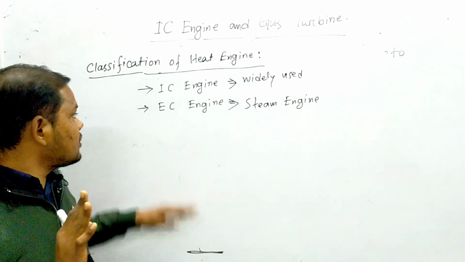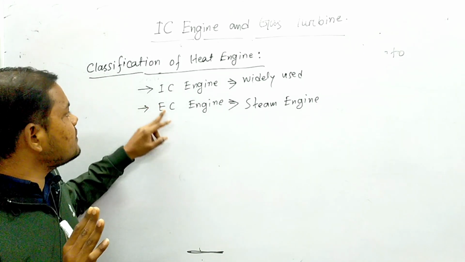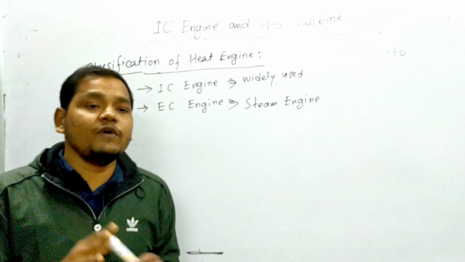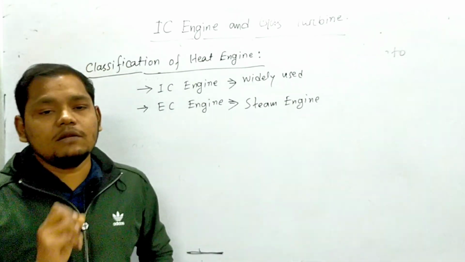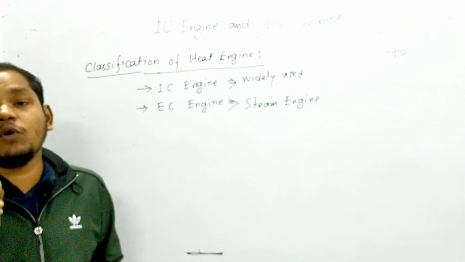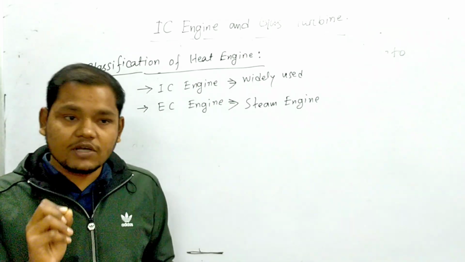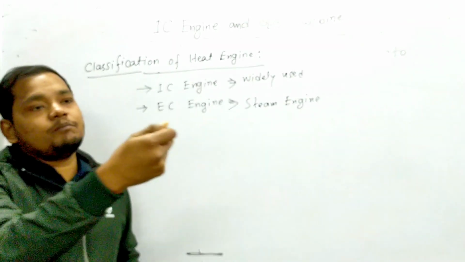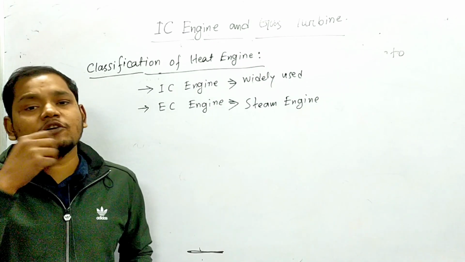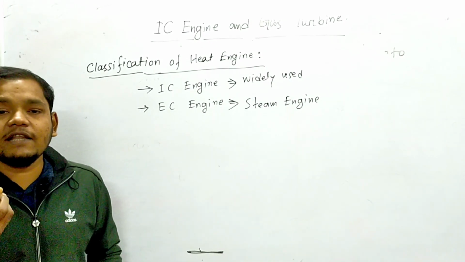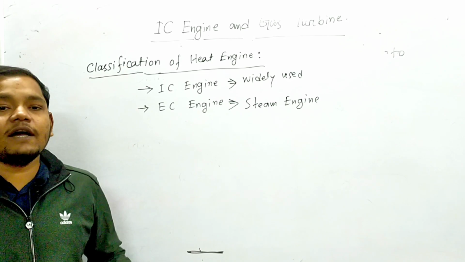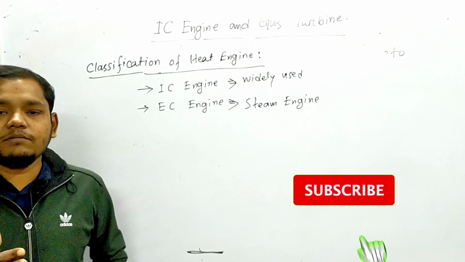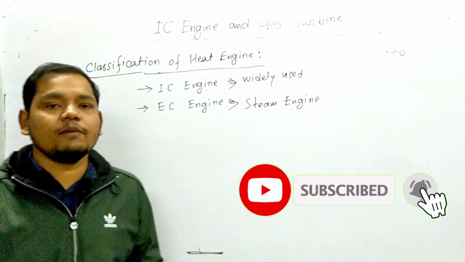Compared to this EC engine, IC engine is comparatively very simple. That's why IC engine is widely used nowadays. Okay, IC engine, internal combustion engine. You can find it in a bike. If you incorporate a bike with an EC engine, then the bike will be like a train, or like a bus.